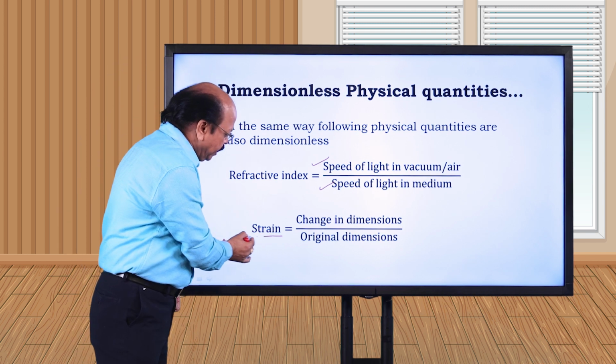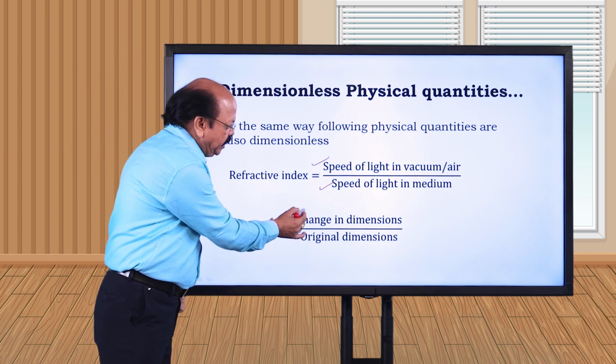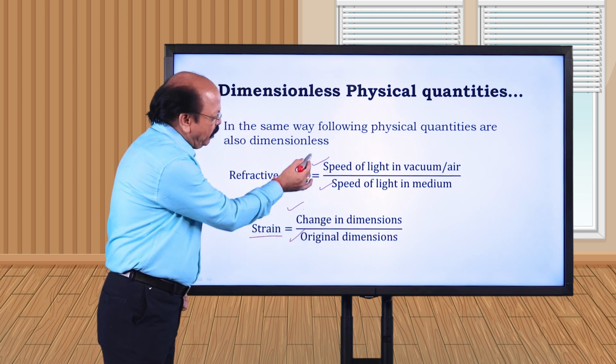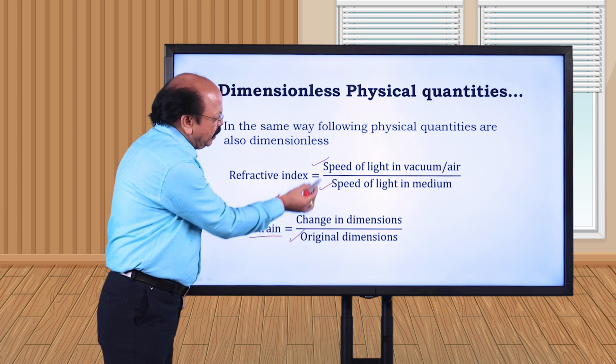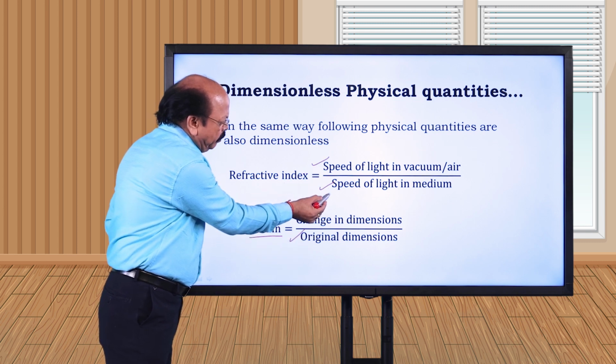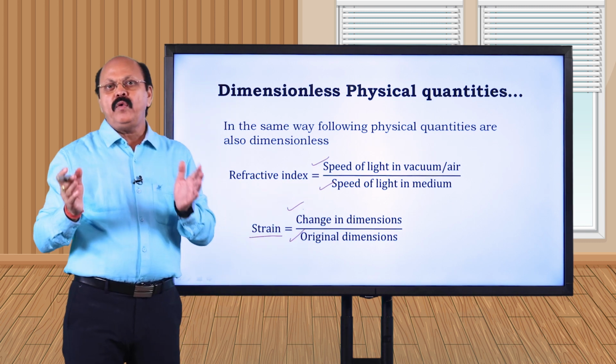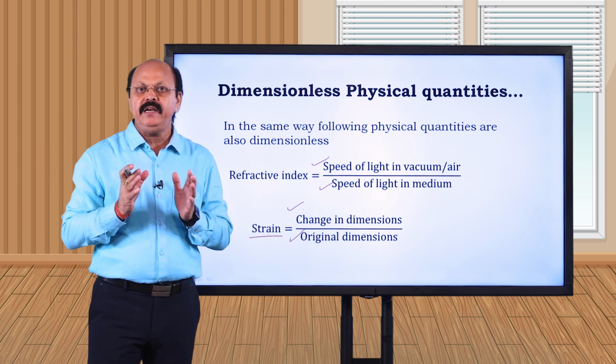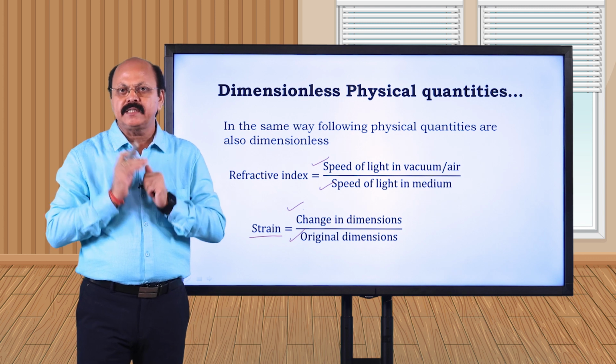Similarly, strain can be written as change in dimensions divided by original dimensions. So, in numerator as well as in denominator, the physical quantities are the same. That is why refractive index and strain both are dimensionless.